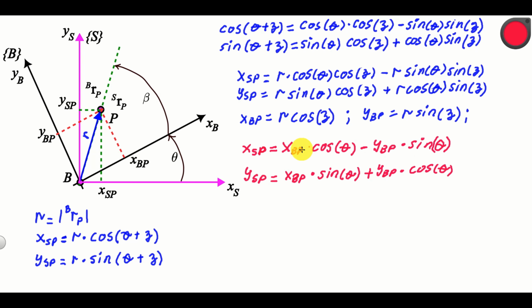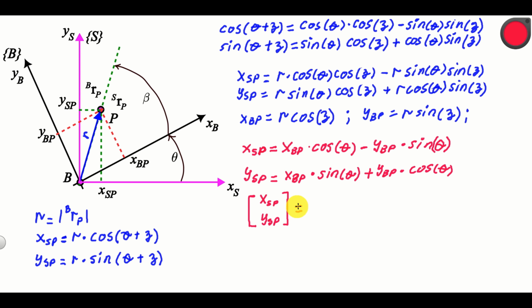Next, let's write these two equations in the matrix form. They can be written like this. Over here on the left hand side, we will have a vector with the projections XSP and YSP.